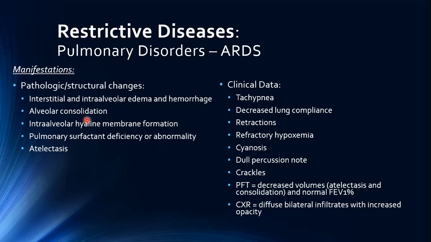Intra-alveolar hyaline membrane formation, like extra tissue that's formed inside of the alveoli that further blocks your breathing. Pulmonary surfactant deficiency, right? Remember we said pulmonary surfactant is what allows the lungs to stretch. But once you have ARDS, it can cause a lack of surfactant, which now makes the lungs have a low compliance, which is a restriction, okay?